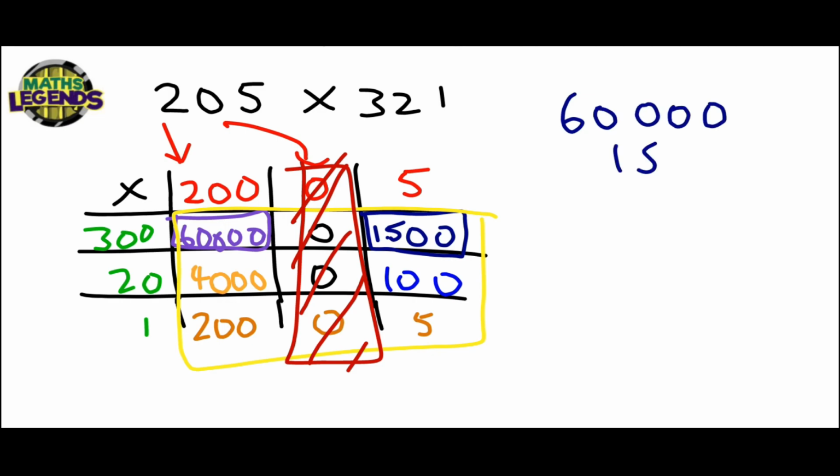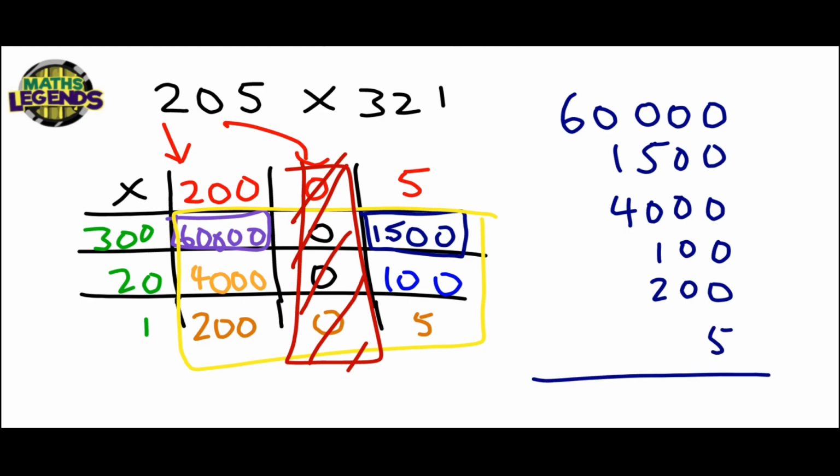We have 60,000, 1,500, 4,000, 100, 200, and 5. Now it's very important to make sure that you have your tens, your units, and your hundreds, etc. aligned. So let's start from the right hand side column. We go 5, then we have 0.